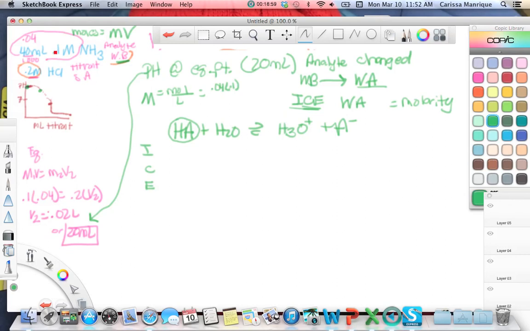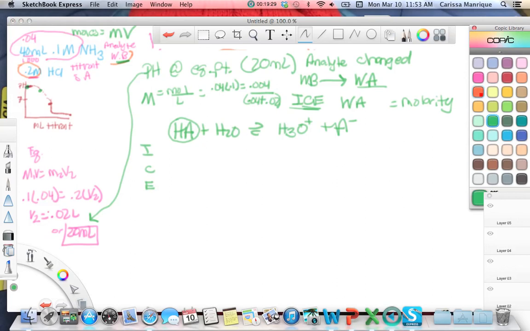So my initial moles of analyte was 0.004. But my liters have changed. In my beaker now, I don't just have 40 milliliters. I have 40 plus 20 because I've added 20 more. So I need to put that on there. So my new volume is going to be 0.04 plus the 0.02 that I added right here.